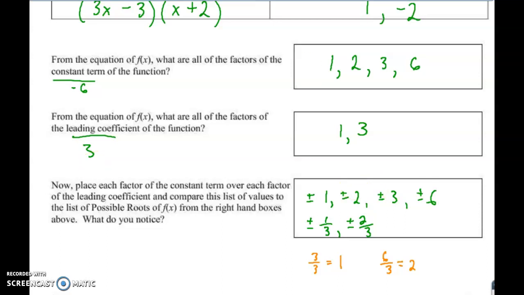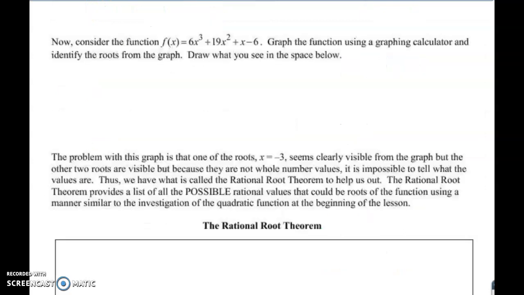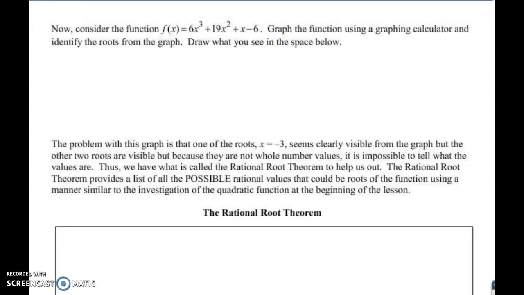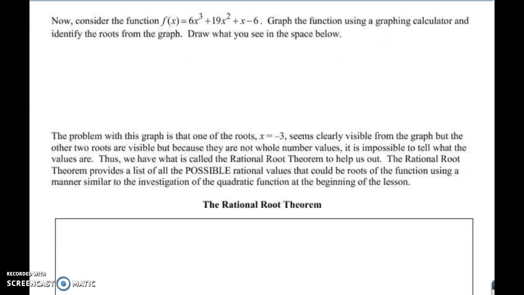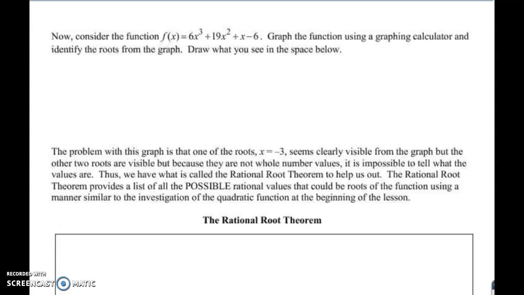And so as we get to the rational root theorem, I'm not going to go to a graphing calculator, even though that's what it says to do. What it breaks down to is that the only possible rational roots is to look at the leading coefficient and the constant.